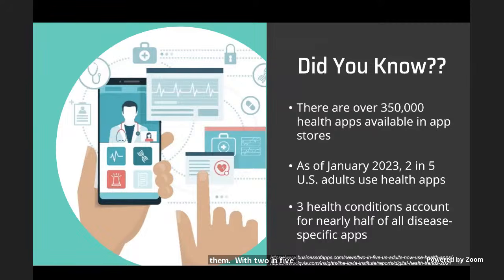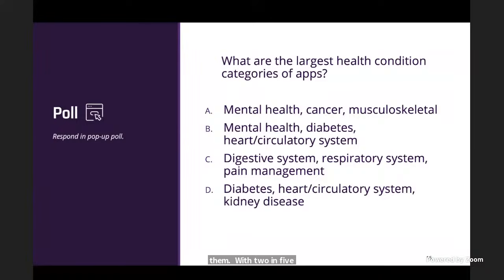So I want you to think for a moment and use this as your next poll question. What can you think of are the largest health condition categories of apps? Is it A, mental health, cancer, and musculoskeletal? B, mental health, diabetes, heart, circulatory system? C, digestive health, respiratory, pain management? Or D, diabetes, heart, kidney disease?